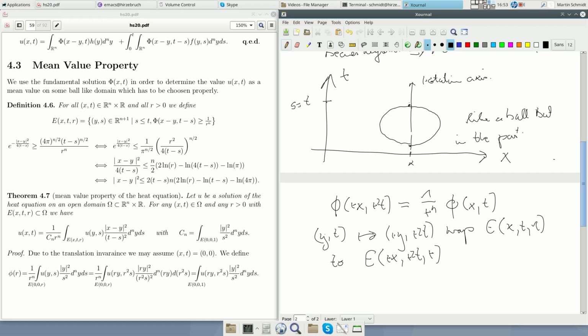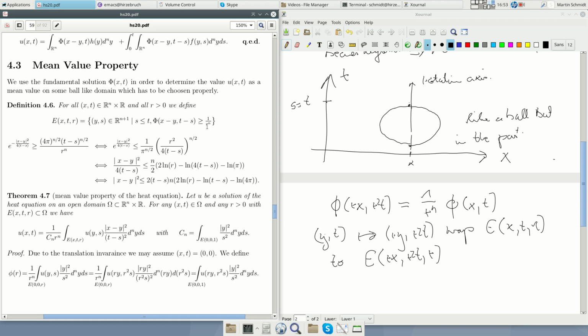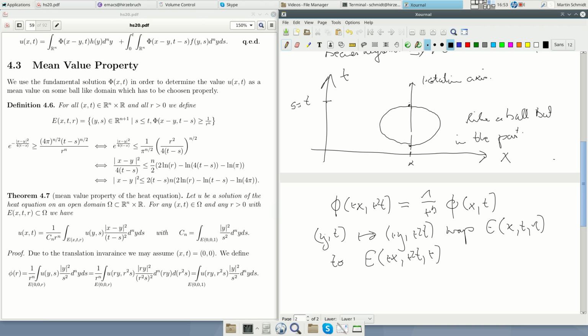And this follows from this formula and this definition. You see here this 1 over r to the power n. We exactly get this factor here.